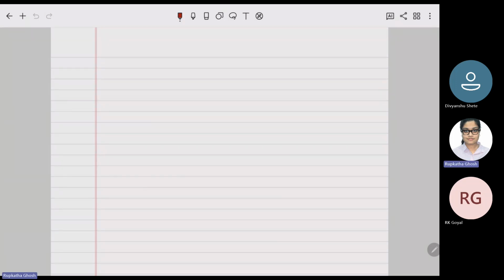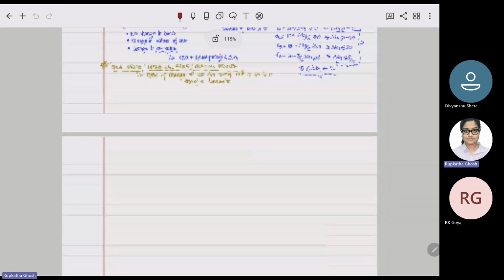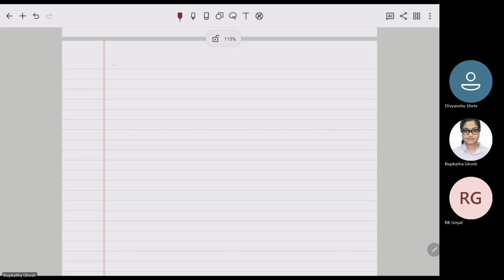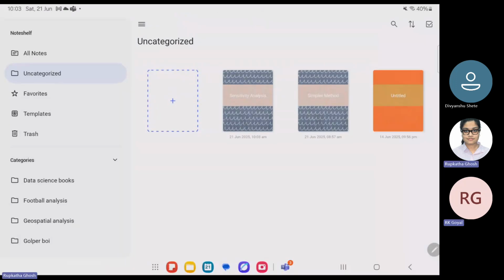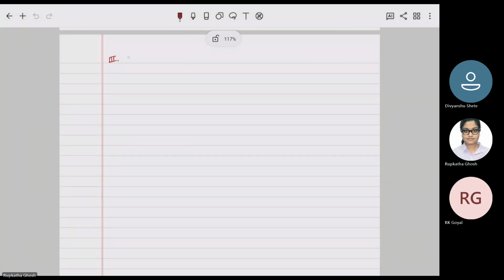That's the final thing I think we'll do in today's class. So now we are trying to change the right hand side of a non-binding constraint.